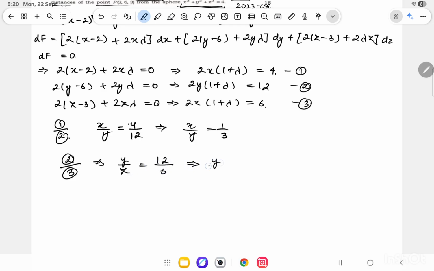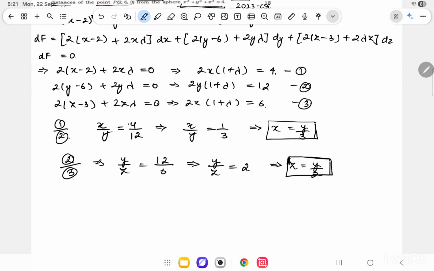So from here I'll get y by z is equal to 2. So from here I can calculate the value of x in terms of y, that is y by 3, and the value of z in terms of y, that is y by 2.